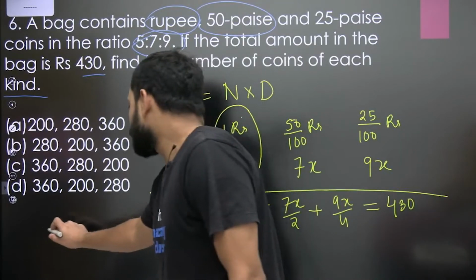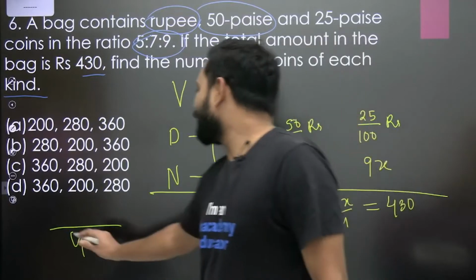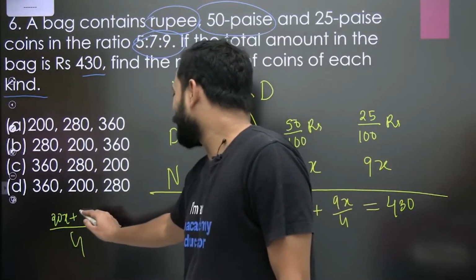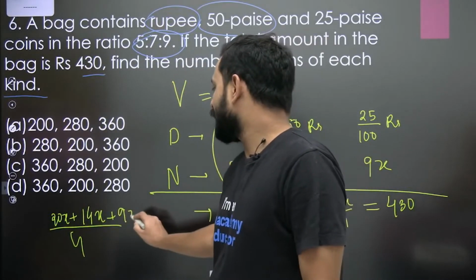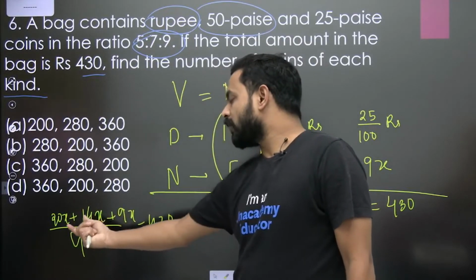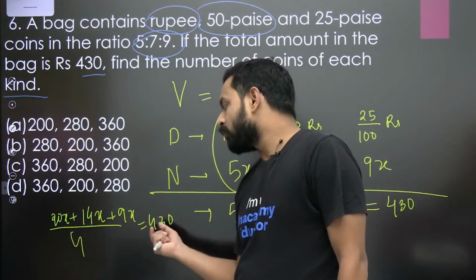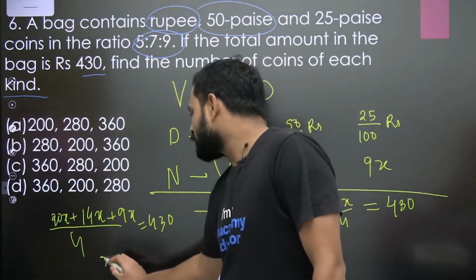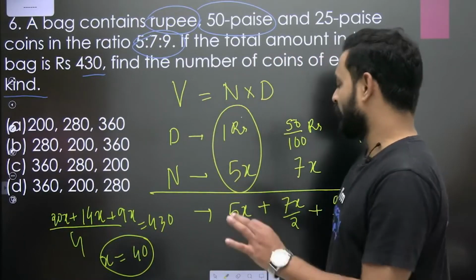Let me solve it. The LCM is 4. So 4 into 5x is 20x, plus 14x, plus 9x, equal to 430. Summing up, 34x plus 9x is 43x by 4, which is equal to 430. So x is 10 into 4. The value of x is 40.